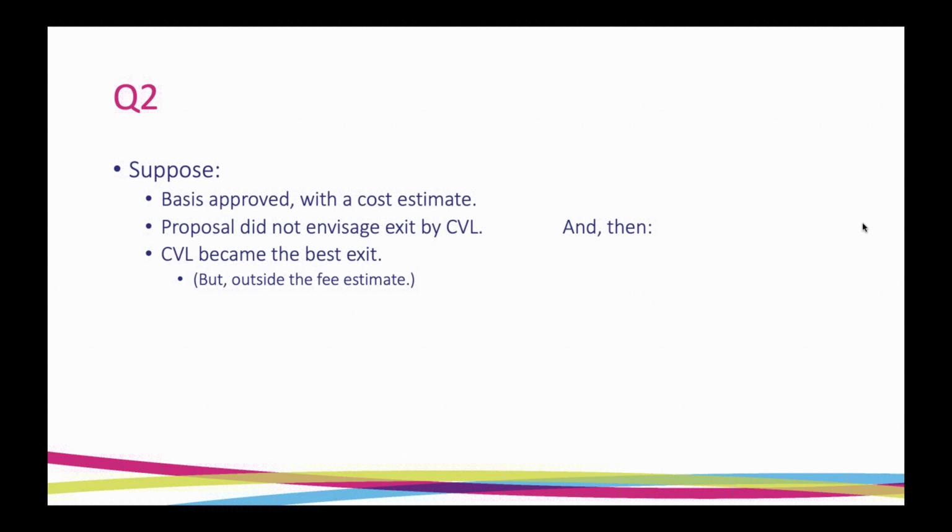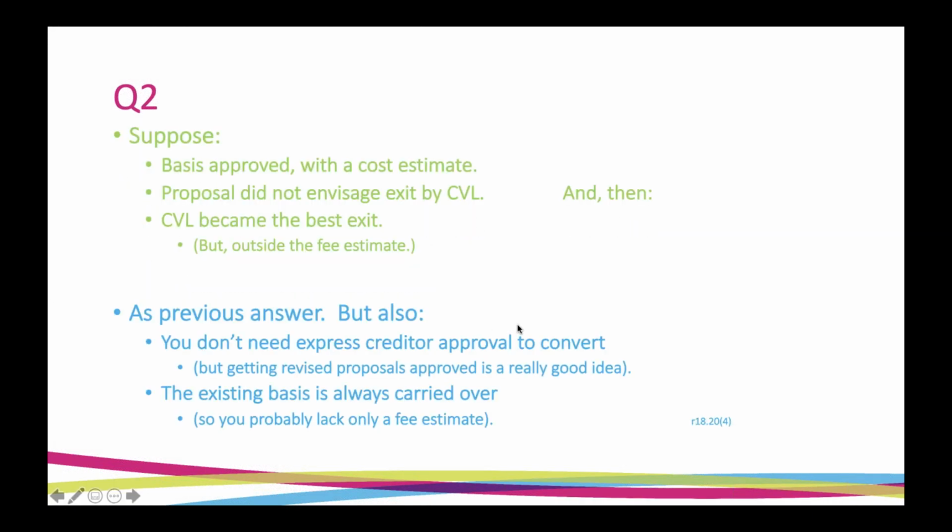And of course, the additional fees for running the CVL, you didn't give an estimate for that at all because you never expected to be appointed as liquidators under a CVL. Well, what I would do is say, again, it's the same procedure as in the previous answer. You'd look at those three options for expanding the basis for fees that you've already got.